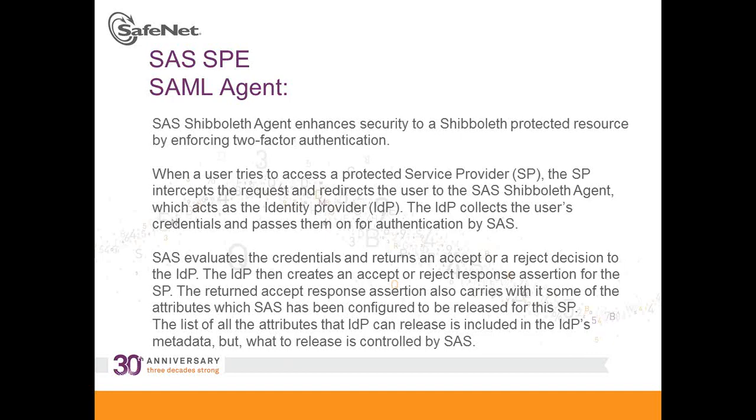The IDP collects the user's credentials and passes them on to SAS for authentication. SAS evaluates the credential and returns an accept or reject decision to the IDP. The IDP creates an access or reject response assertion for the service provider.